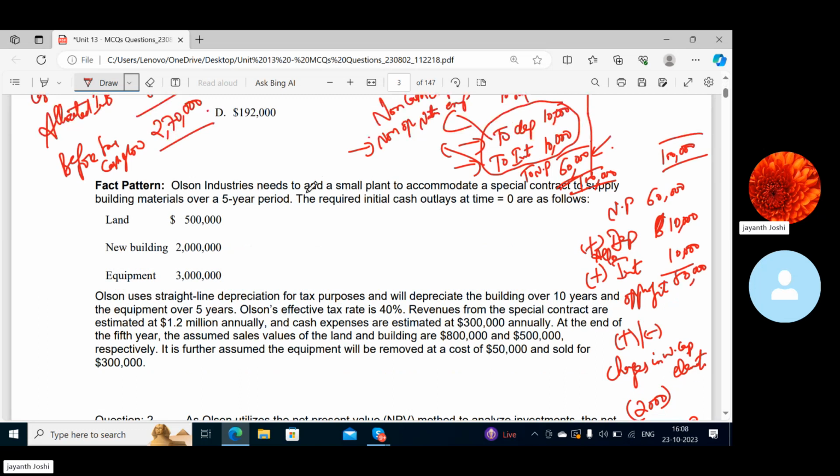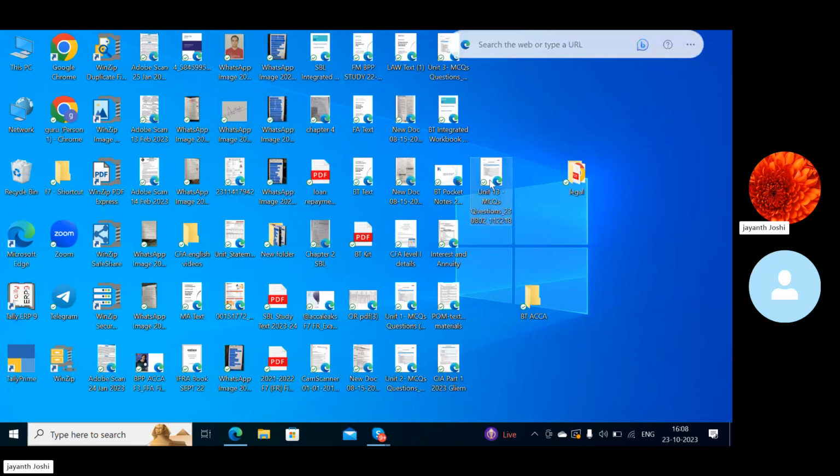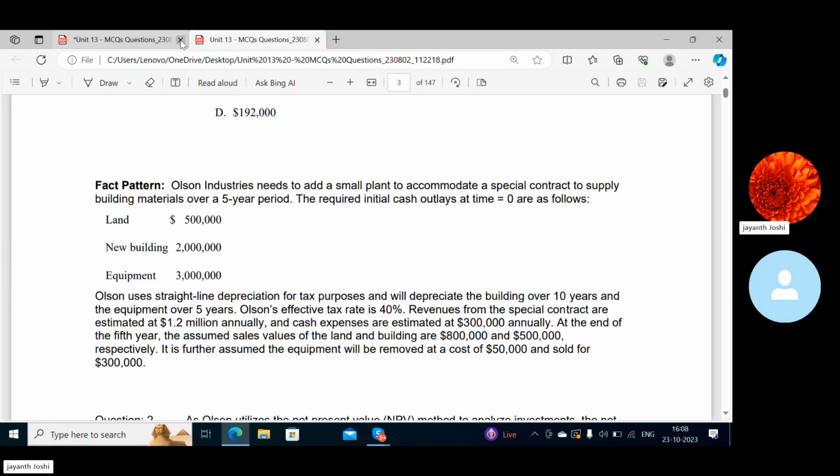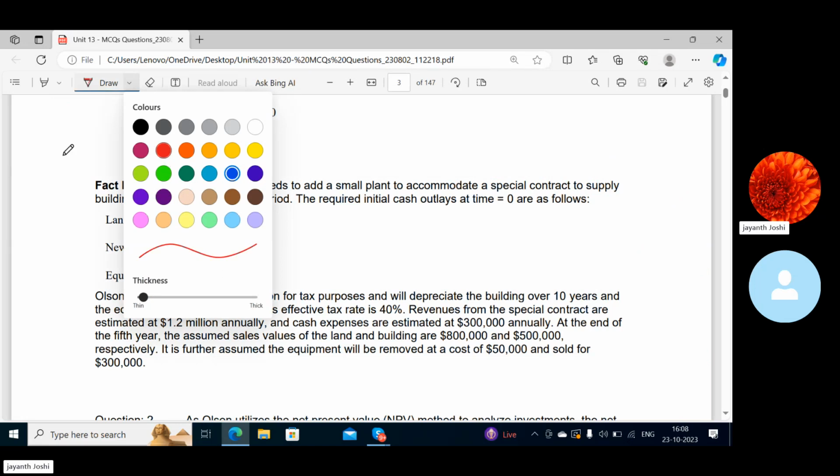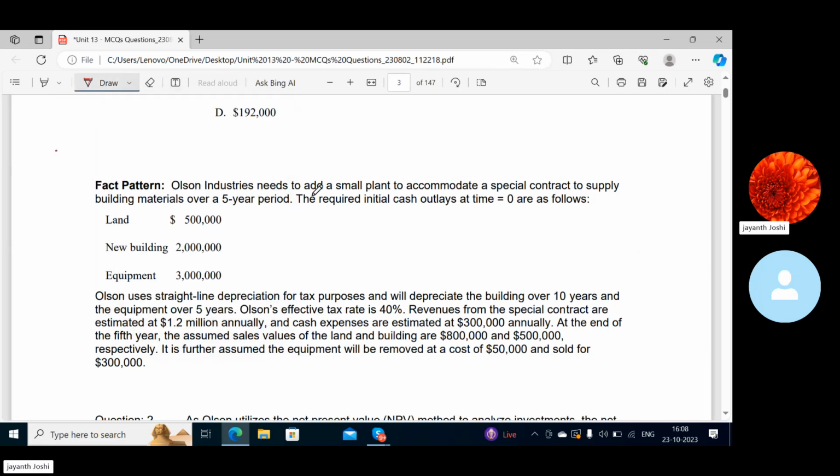Oslon Industries needs to add a small plant to accommodate a special contract. I'll open a new page, because this will not be sufficient. So they want to buy a plant to supply building materials over a 5-year period.